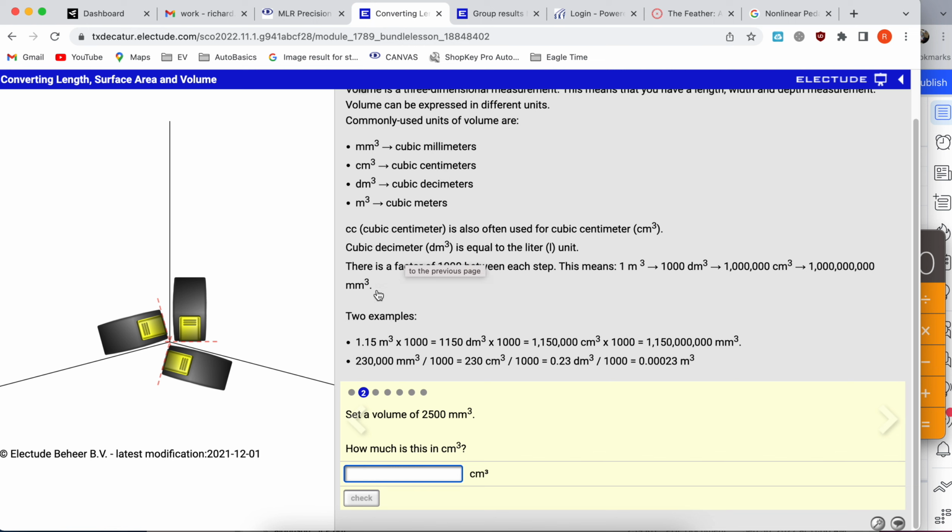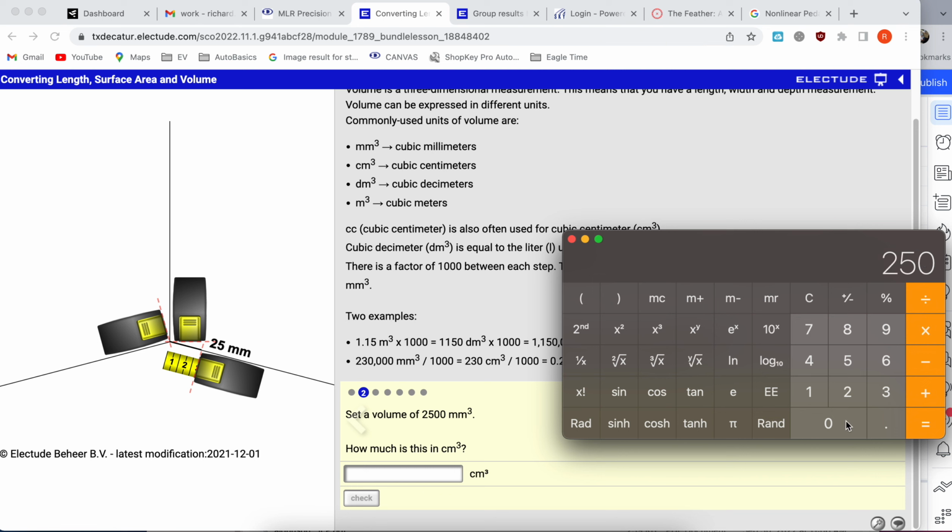On question 2, they want us to set a volume of 2,500 cubic millimeters. There's a couple of different ways that you can approach this. I'm going to walk you through strictly using the cubic millimeters. To do that, we would drag the tape measure out, and I like 25 because I see a 25 right here in the number.